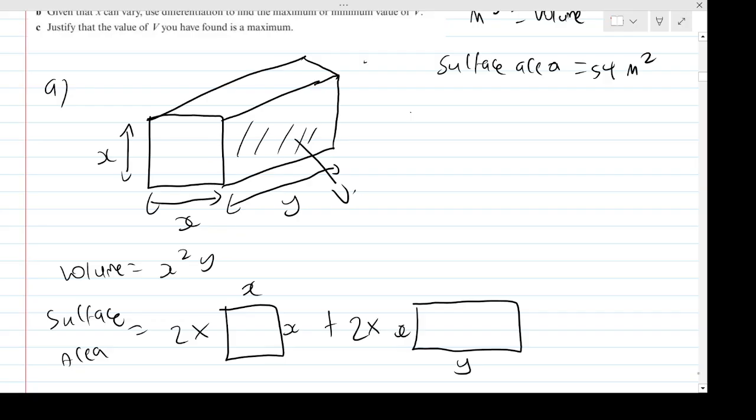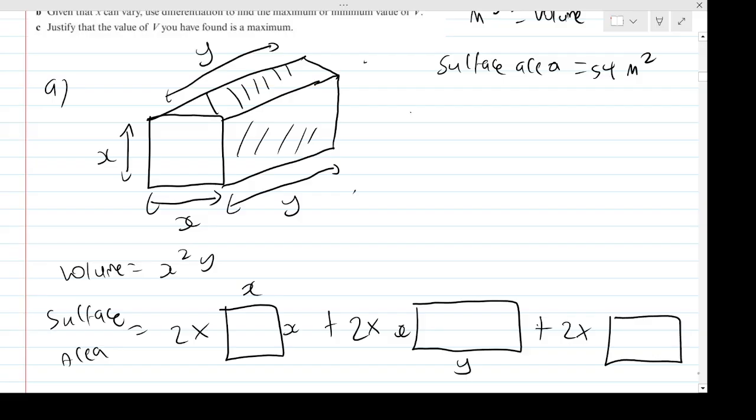Then we have the top and the bottom, lastly, but you would think then it'd be 2 times the top and the bottom. We know again the length here, it's going to be a rectangle, so it's going to be y, and then that length is going to be x, so it's going to be yx. But it wouldn't be 2 of them, would it? Because we need to look at the question.